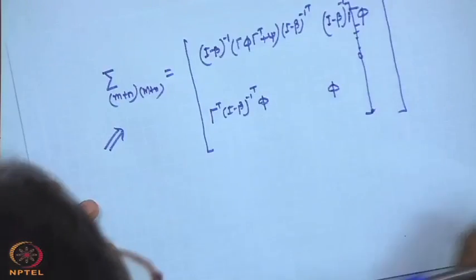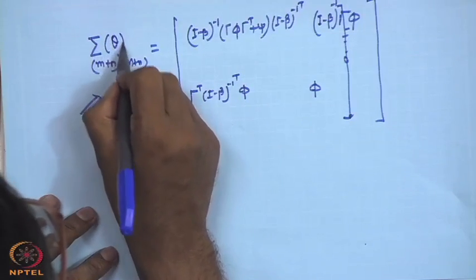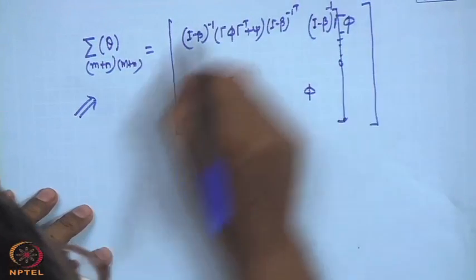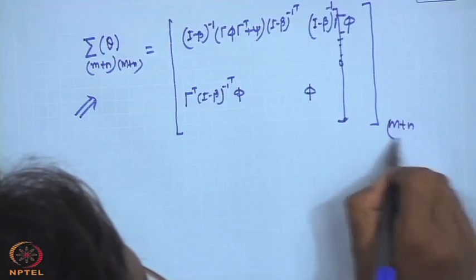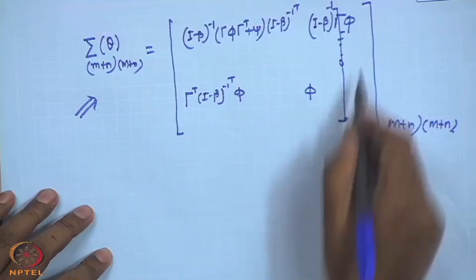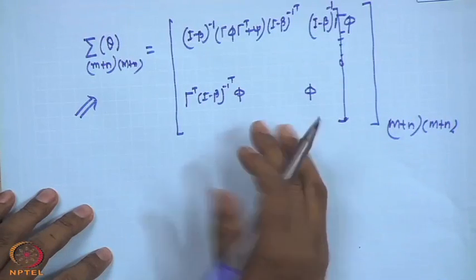Okay. So, in terms of parameter estimation, you can say this is sigma theta, and these many variables are there, that means m plus n cross m plus n. So, many parameters have to be estimated, and we will see later on how this can be done. Okay.